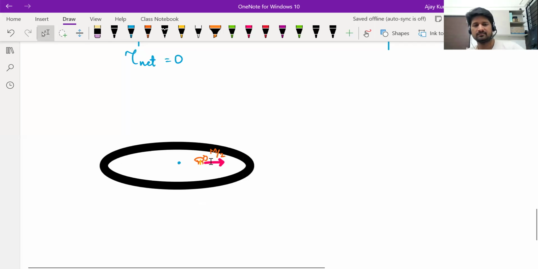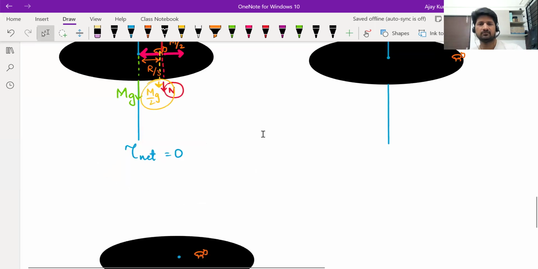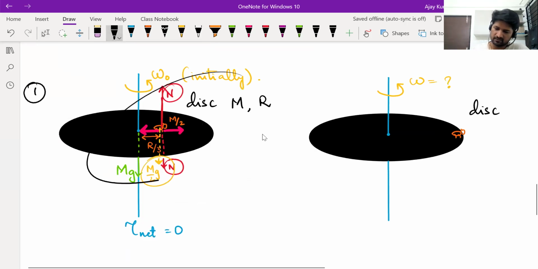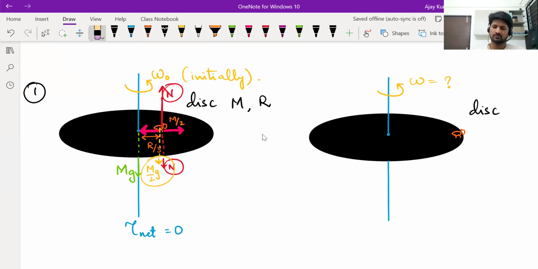Sir, but the ant won't rotate. Why won't it rotate? Friction is there. But friction's line of action, the way I showed it here, is cutting through the axis. Friction is there, it won't produce torque, if this is how it acts.